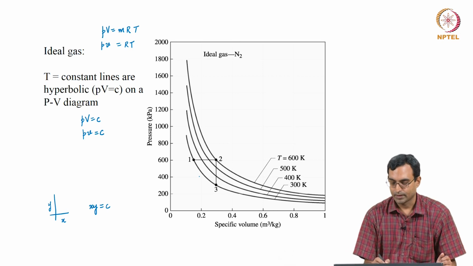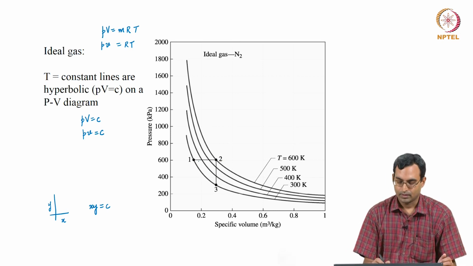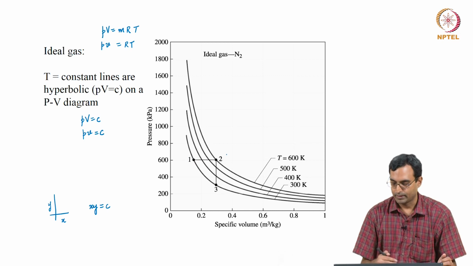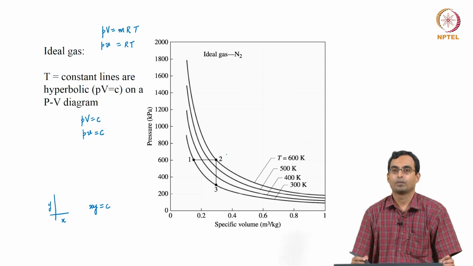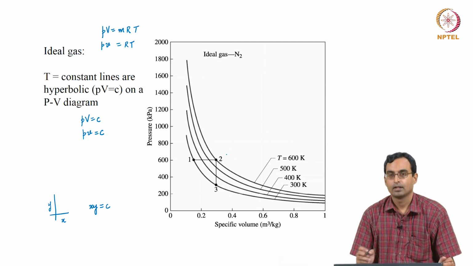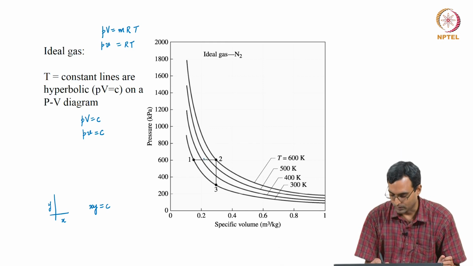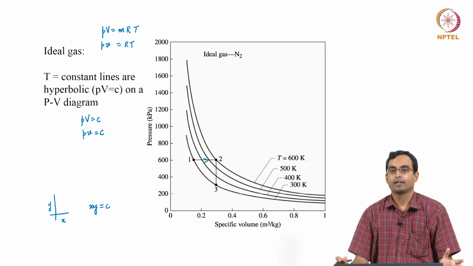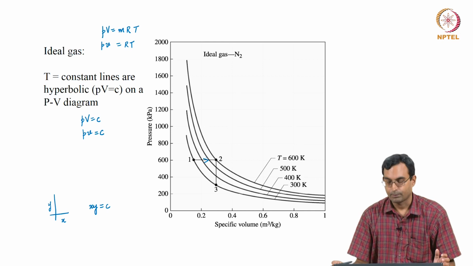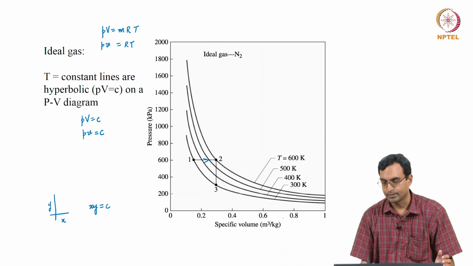If we have a process going from 1 to 2, this process is shown as parallel to the volume axis, which means it is a process which happens at constant pressure. So, I have an isobaric process from 1 to 2. As I go from 1 to 2, the pressure is constant, and the volume and the specific volume both increase as I go from left to right on this diagram.